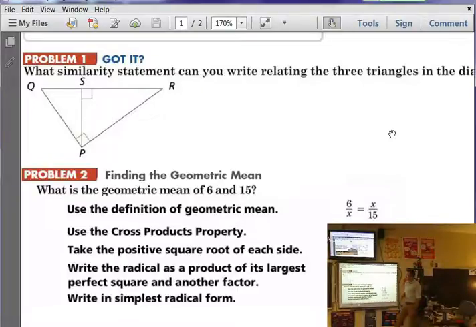So if we start, let's all start with the same one. Do you want to start with the biggest or the smallest? Biggest one? Sure. So let's do PQR.